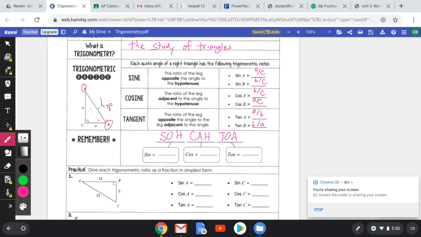SOH means sine is equal to the opposite over the hypotenuse. CAH means cosine is equal to adjacent over hypotenuse. And TOA is tangent is equal to opposite over adjacent.